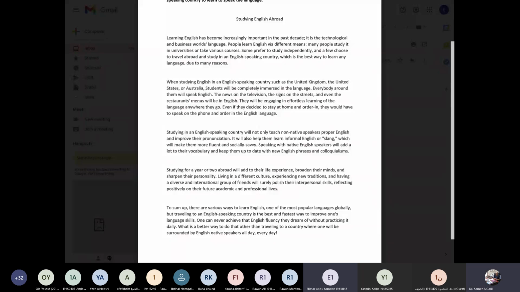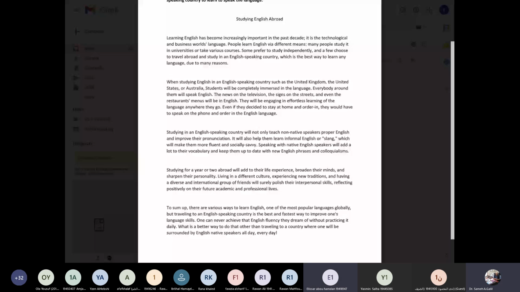Yeah, you mean this is the thesis statement, right? The thesis statement was when she said, the last sentence. Let me see where it starts. Some prefer to study independently, and a few choose to travel abroad and study in an English-speaking country, which is the best way to learn any language.